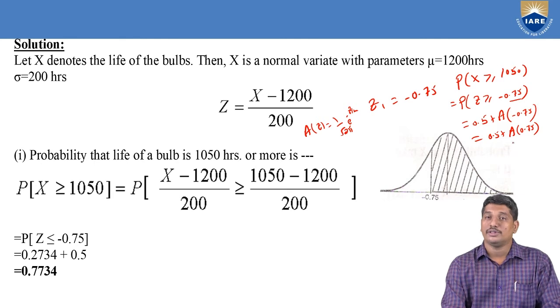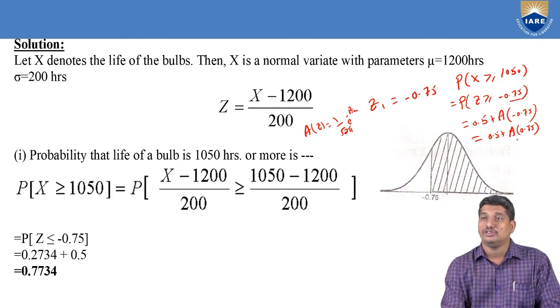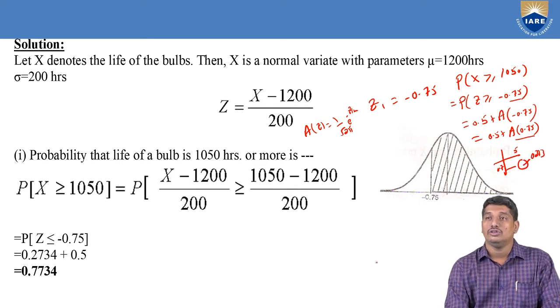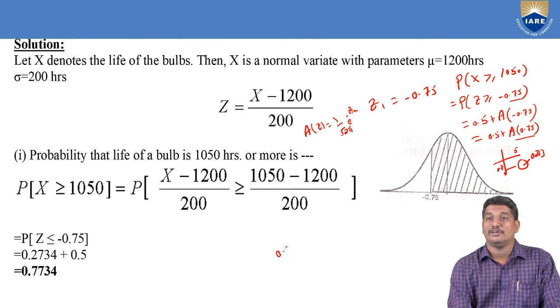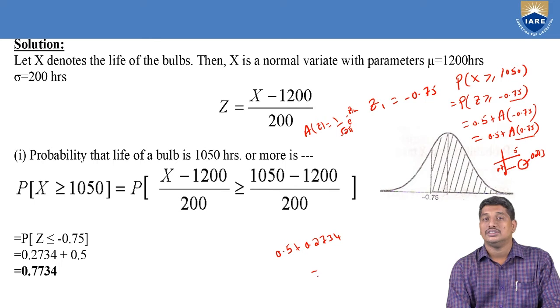From the table, A of 0.75, where 0.7 and 5 both meet, is 0.2734. So the answer is 0.5 plus 0.2734, that is approximately 77% chance.